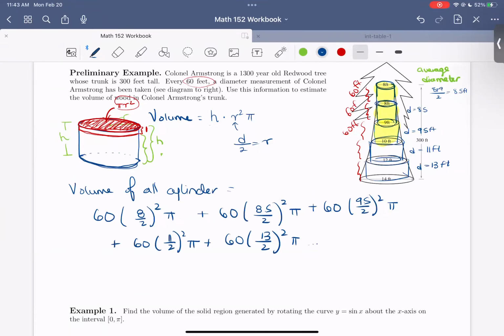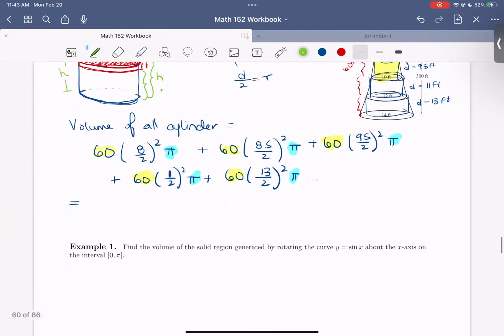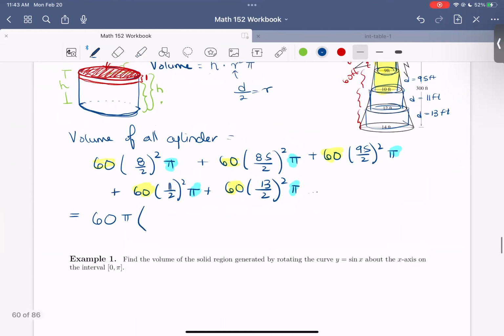So now we can add up all of these terms, and notice we can simplify here too. Each of these terms in our sum has a 60. We can factor that 60 out of each. And each of these terms has a pi, so we can factor out a pi from each term. So what does this become? Well, we have 60 pi times, now we're just going to sum the radii squared.